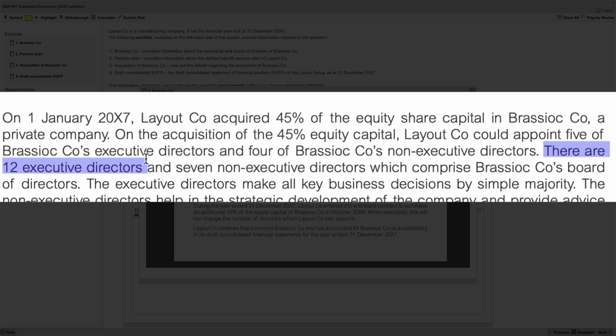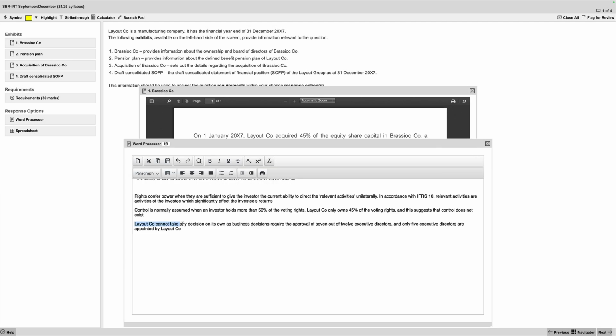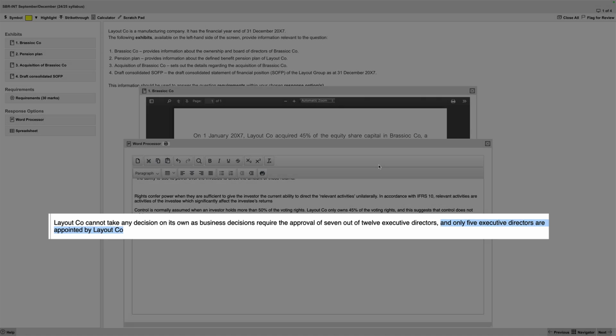So do we have control if we own 5 out of 12? Can we make unilateral decisions? Obviously not. Let's go see the examiner's answer. Layout cannot take any decision on its own, i.e. unilaterally, as business decisions require the approval of 7 out of 12. Why 7 out of 12? Well, 6 would be 50%. Over 6 would give you control, wouldn't it? So 7. And we only have 5. Easy. This is not a tricky question.